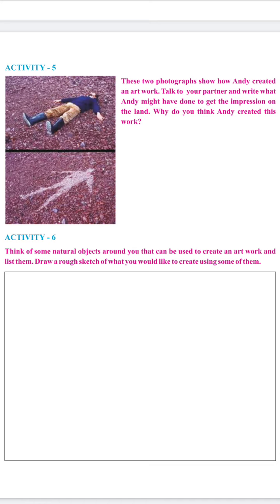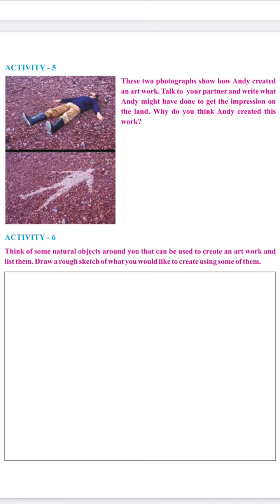You can see in the first photograph a person is lying on the ground, and in the second photograph we can see there is a white mark. Now you have to discuss with your partner and think about the way how Andy has created this artwork.